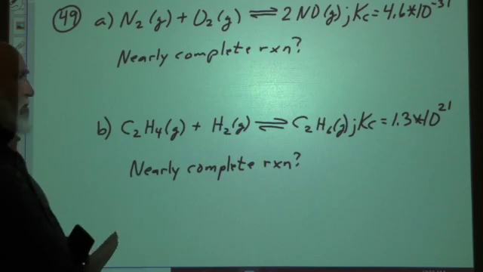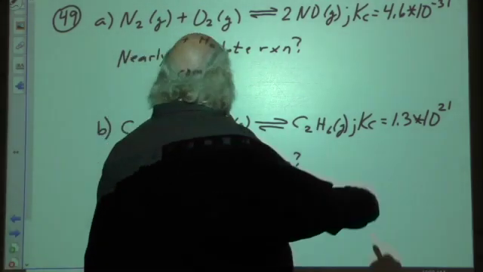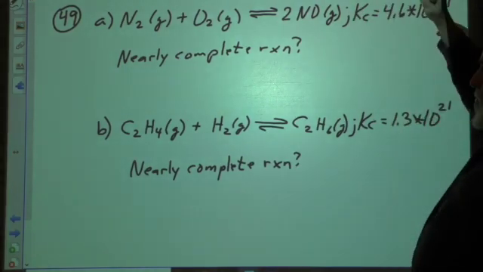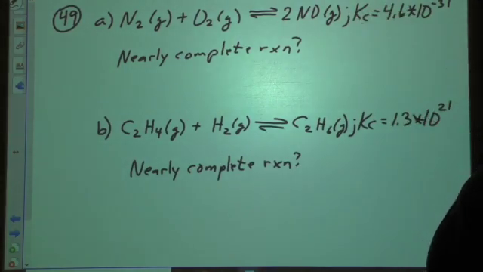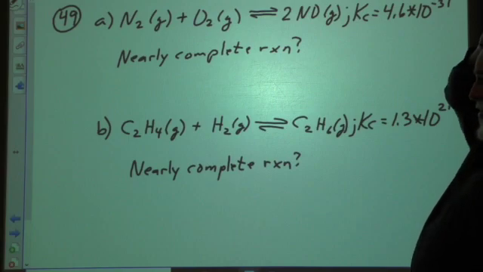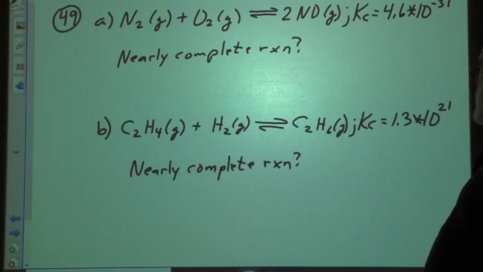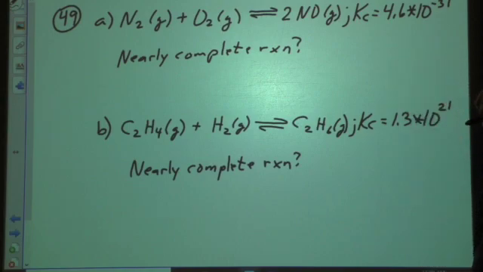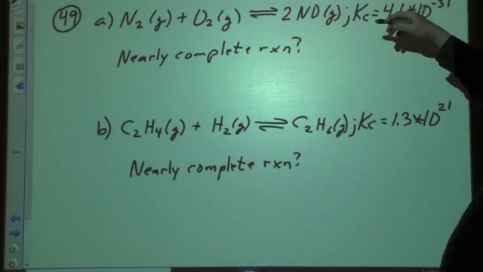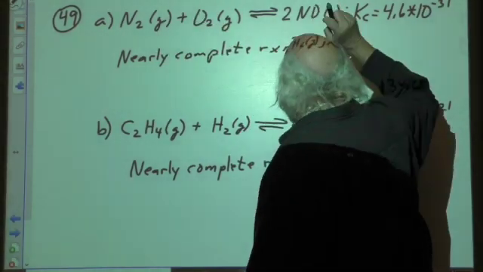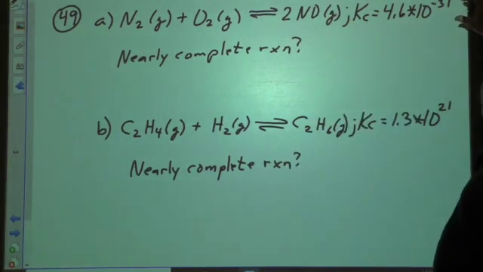When I say extremes, I mean, when we talk about this reaction right here, the nitrogen oxygen reaction, by the way, this is the next page over in column number 49, when you pause your video to get caught up. The value for NO squared over N2 times O2 is your Kc, and that value is 4.6 times 10 to the negative 31.